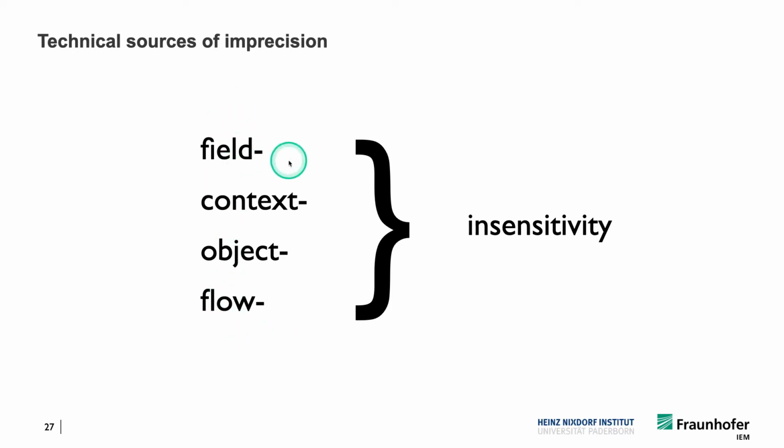So I don't think there was a single one that was field sensitive before, and they were also not context sensitive or object sensitive. I think they were only flow sensitive, and that was about it. And so FlowDroid was really the first tool that sought to combine all of these different properties.